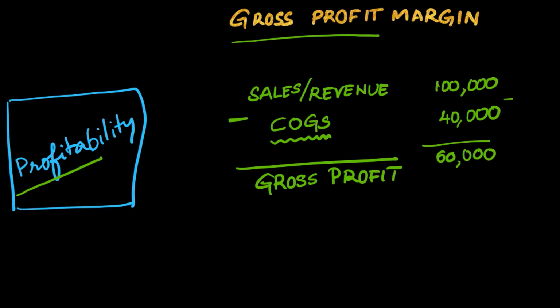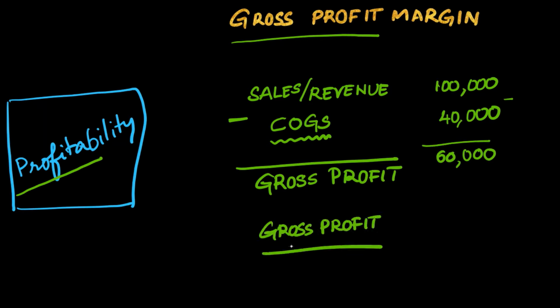If you don't know what gross profit is, let's say the sales or revenue amount is 100,000 rupees. The cost of goods sold, that is, the cost associated with direct inputs of manufacturing the goods like raw materials and labor, comes to 40,000 rupees. Sales minus COGS is gross profit.